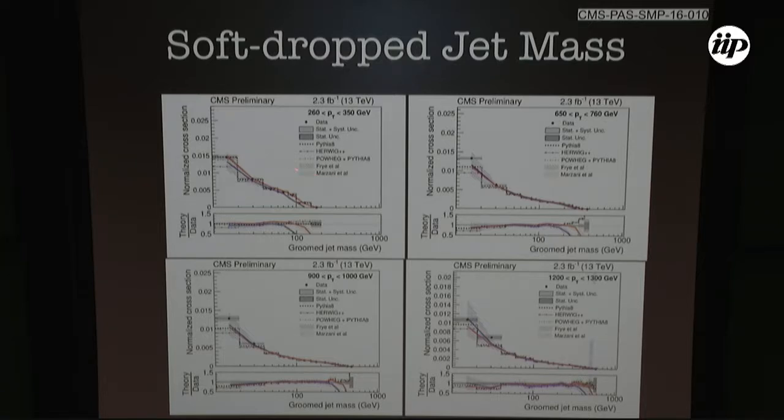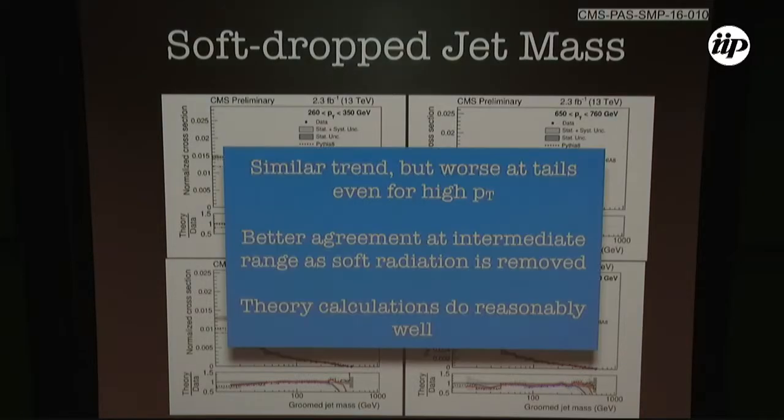They also compared with the theoretical calculations of Marzani and Frye. The theoretical calculations are okay in most cases, I think they are not perfect. They are diverging at the tails again, and generally you get less good agreement than in the case of the ungroomed ones.